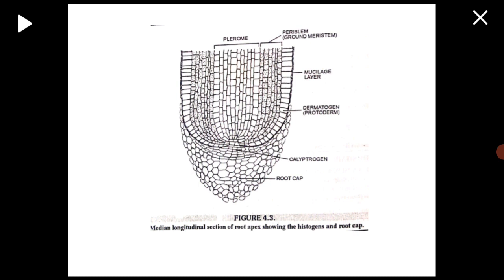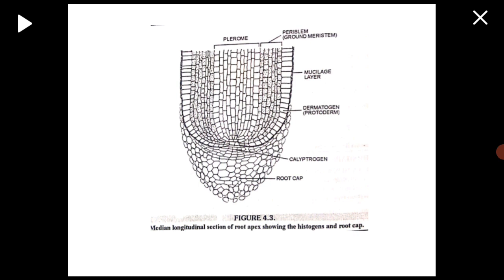The apical cell theory was proposed by Nageli in 1858. According to this theory, the root is formed by the activity of a single apical cell. It has been observed that vascular cryptogams have a single tetrahedral apical cell.